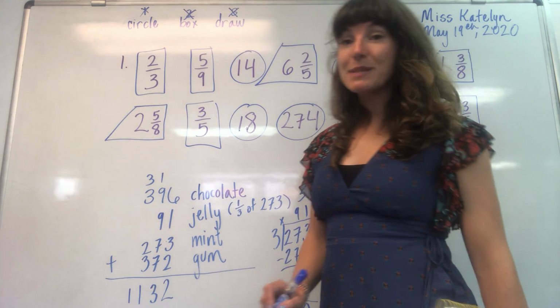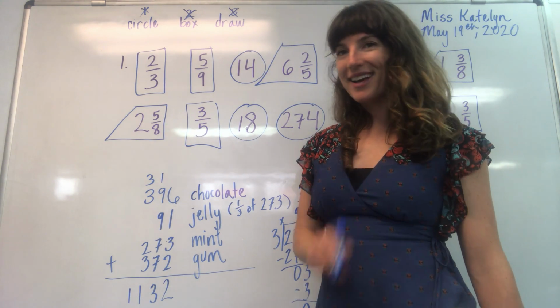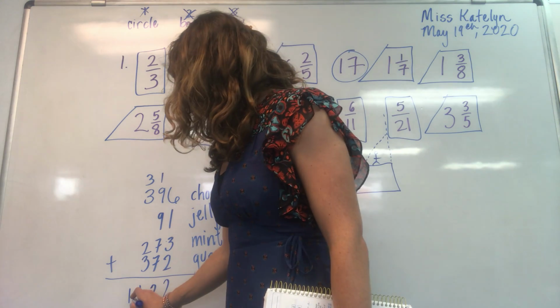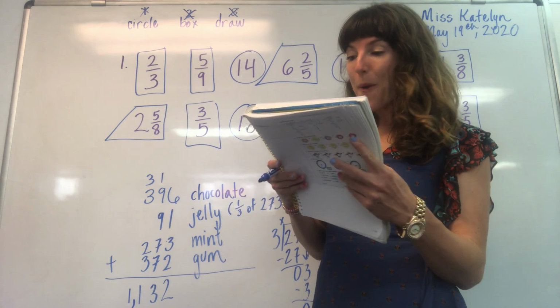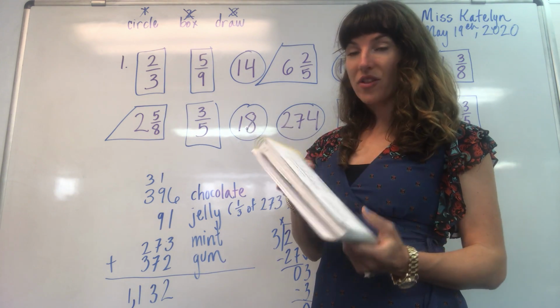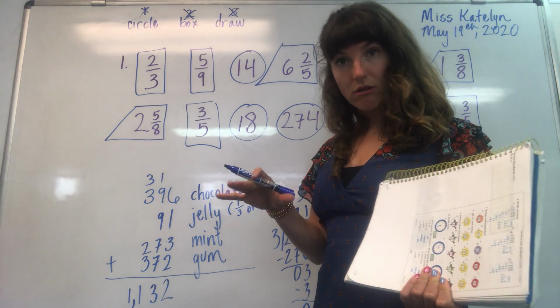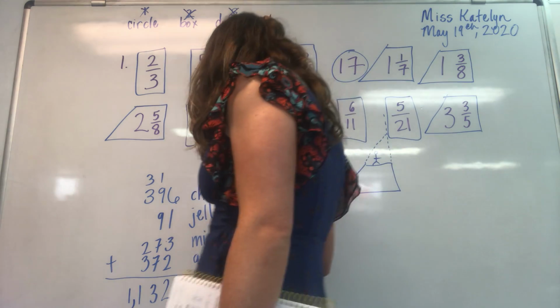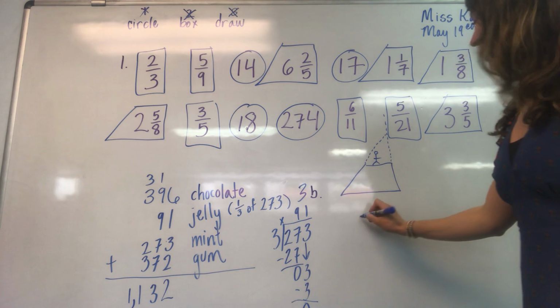Okay, please make sure you put a comma in this number. 1, 2, 3, comma. So how many pieces of candy are there in all on the counter? Woo! I'll put it over here.